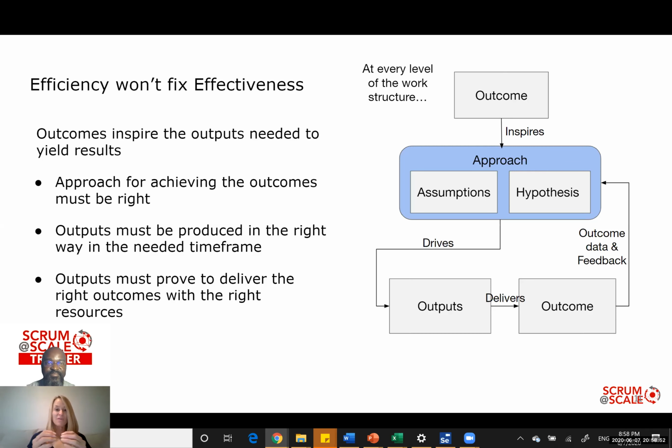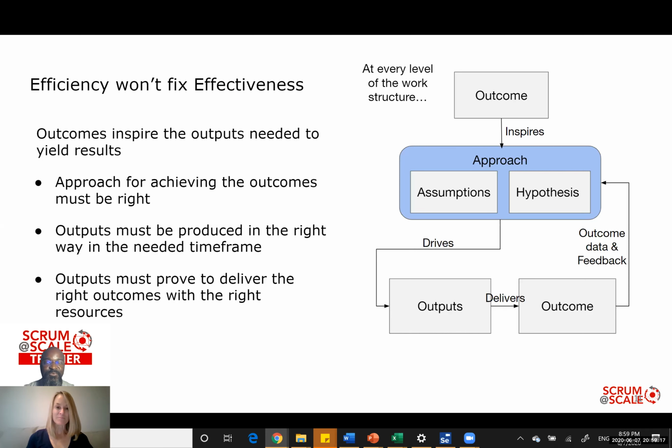Because if we're finding at a certain layer the outcomes are not being produced, then all the sub-outcomes underlying that may need to pivot also. And so there's a trickle effect down through the structure, and an impact based on the learnings at that level of the structure itself.